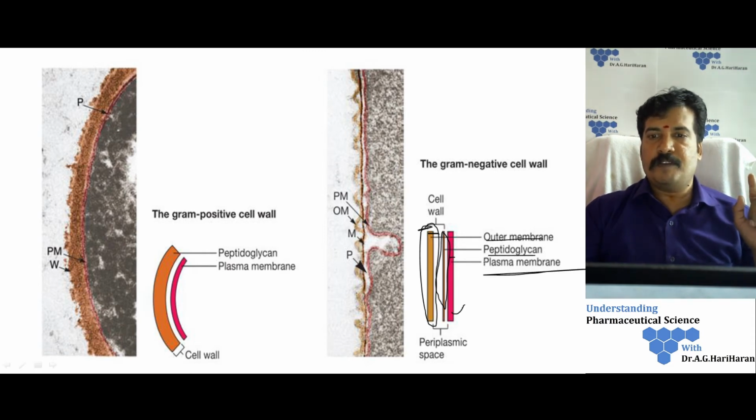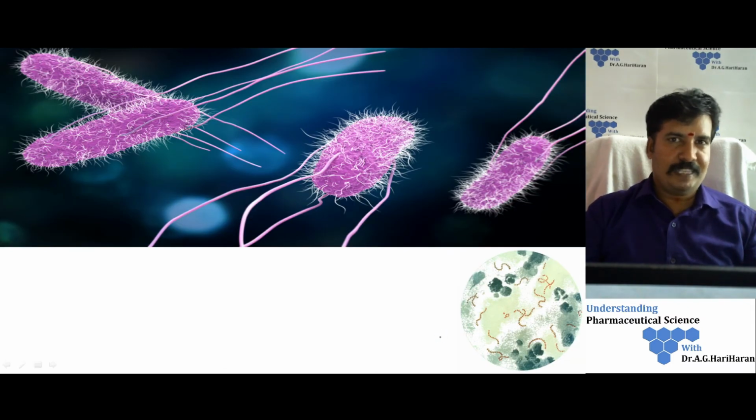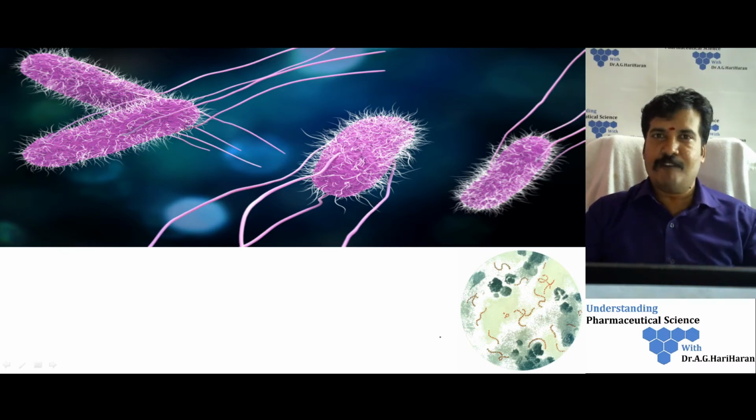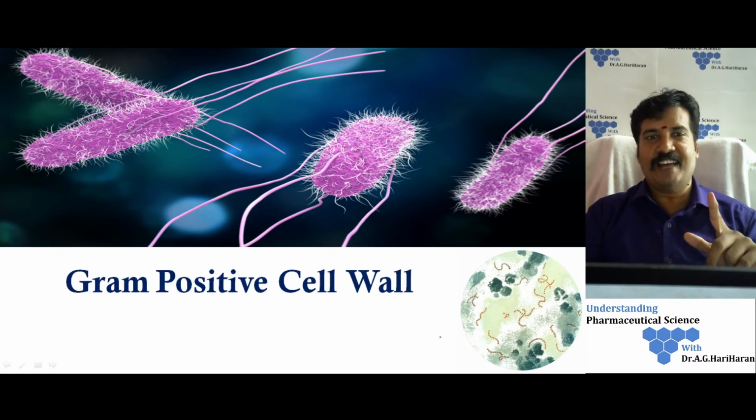The space between the plasma membrane and outer membrane we call the periplasmic space, right? So this is the striking difference between the gram positive and gram negative bacteria. The gram positive will be thick, gram negative will be thin. Gram positive will have 2 layers, gram negative will have 3 layers.